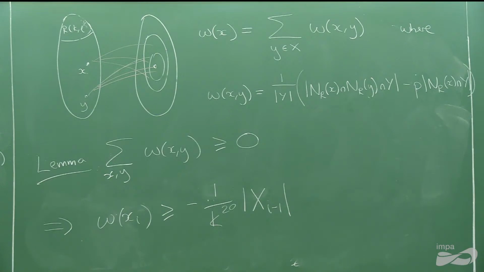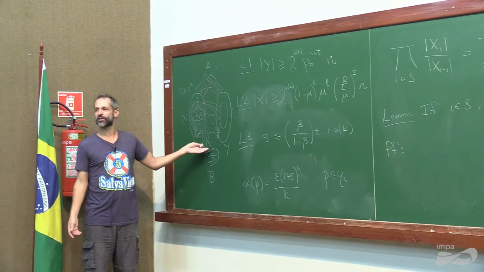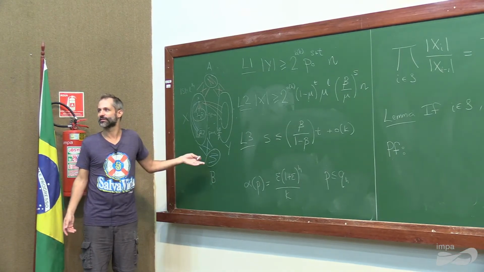So we can basically pretend that the weight of x is 0, and whatever we lose is just some error term. Now we're just counting edges. I'm not sure it's even worth doing. It's completely obvious what's going to happen.